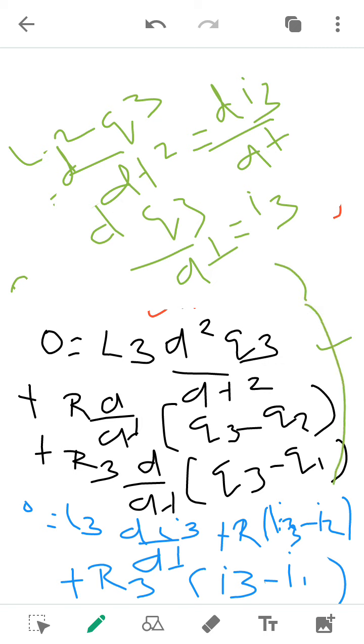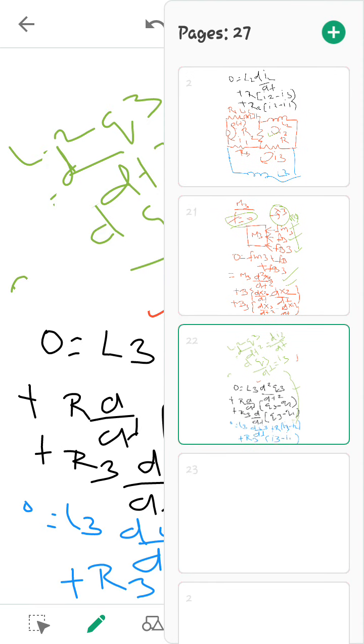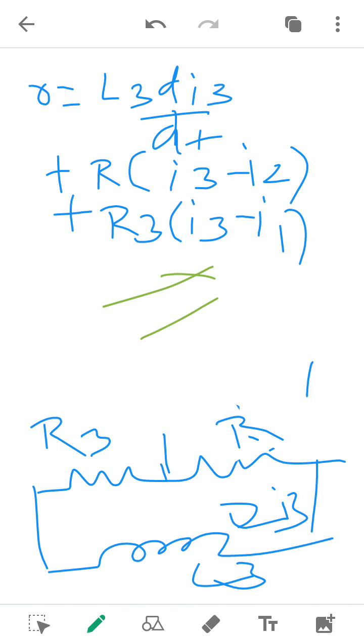We will be getting this equation, which is the second order differential equation for the third mesh.